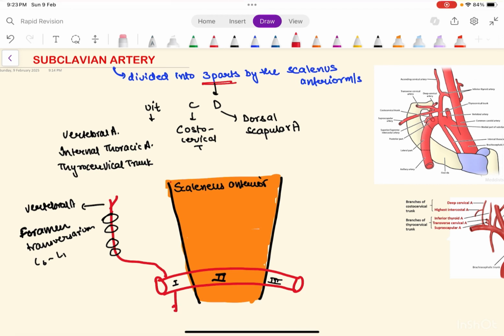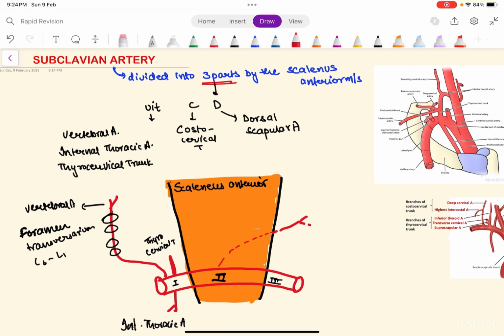Then we will talk about the second one, which is I, the internal thoracic artery, and third is our thyrocervical trunk. We'll draw the thyrocervical trunk a little smaller. So this is the internal thoracic artery and this is the thyrocervical trunk.